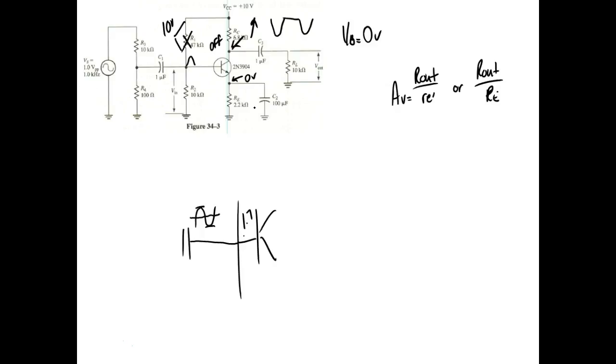So a while ago, we looked at our out circuit. We said, okay, this is our transistor, and right now we're looking at 6.8K in parallel with 10K.